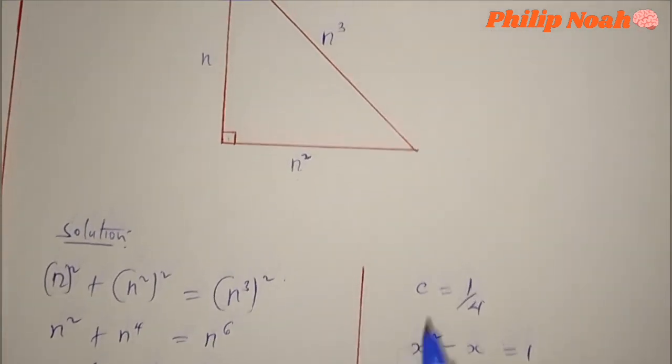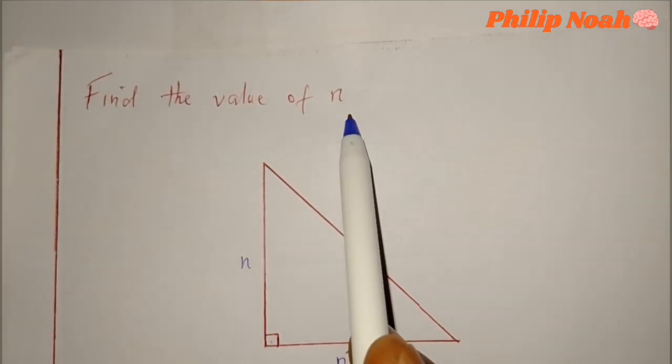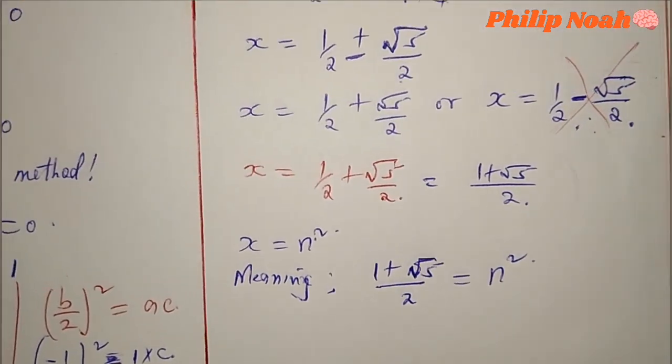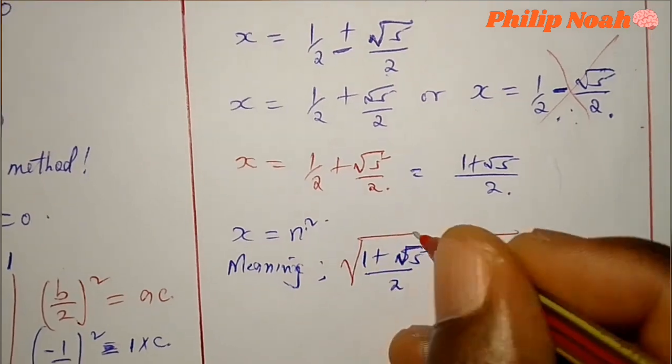But the question requires us to find the value of n. And here we have n squared. So what shall we do? We take the square roots on both sides.